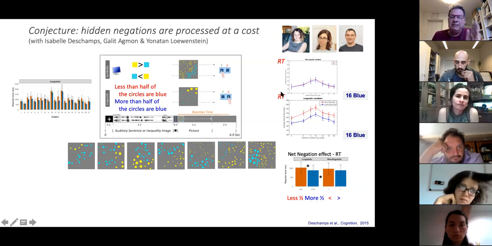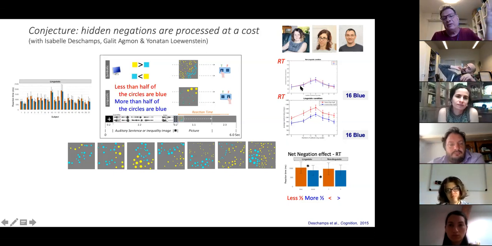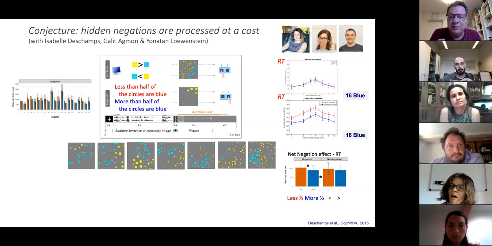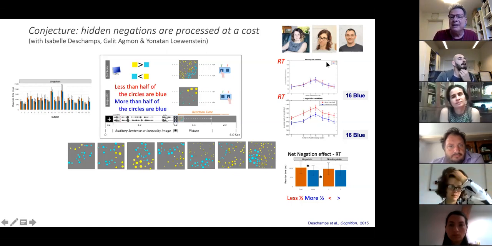So at least one thing I can exclude is that every representation you put in your head gives you the same kind of negation effect. I'm not saying this to disagree with you, but rather to say that I agree with you completely.